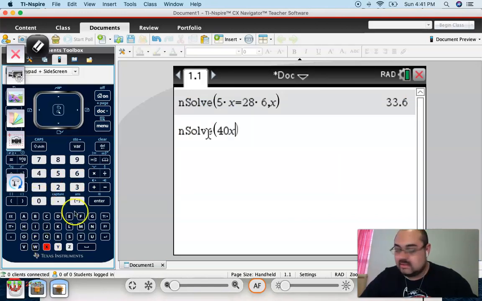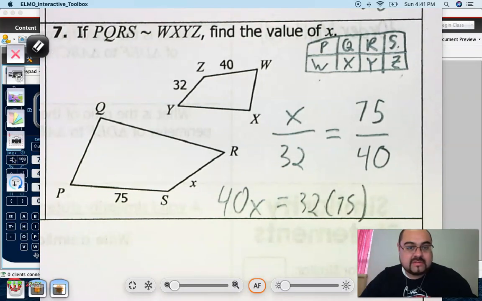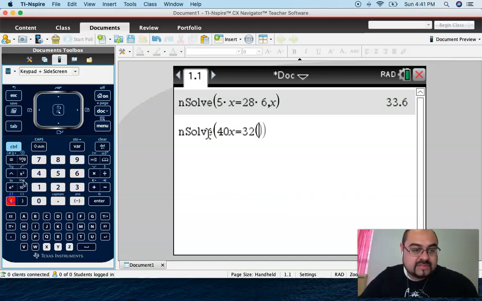40x is equal to 32 times 75. Okay, just the way you see it.